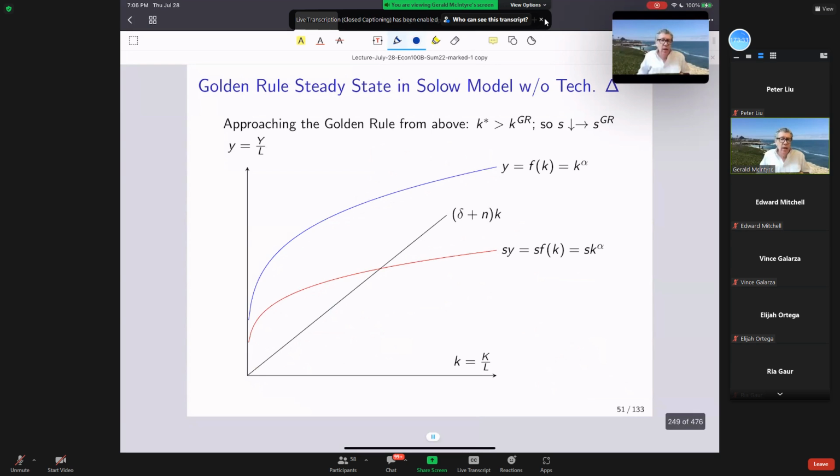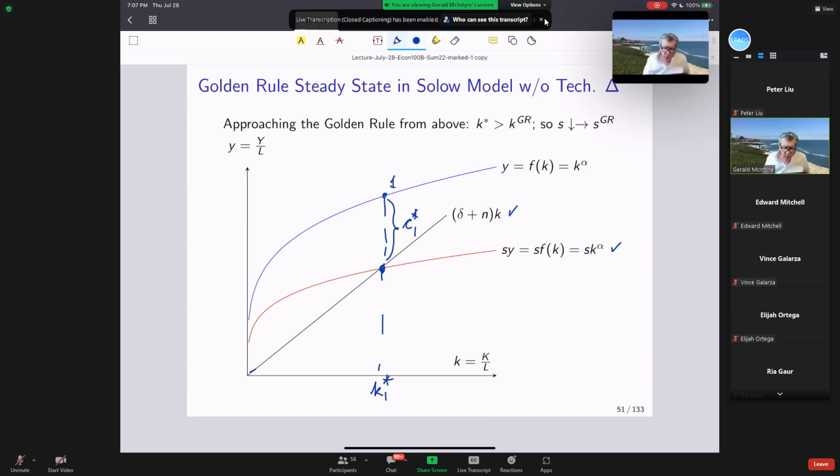So if we're looking at a chart like this, here is a standard steady state. Notice break-even investment here, savings here. That's the intersection. This is where we are. We're at K1, and that's a regular old ordinary vanilla steady state. And you can see consumption per worker. Here's output per worker, and consumption per worker is here. That's C1. But that's not the golden rule.